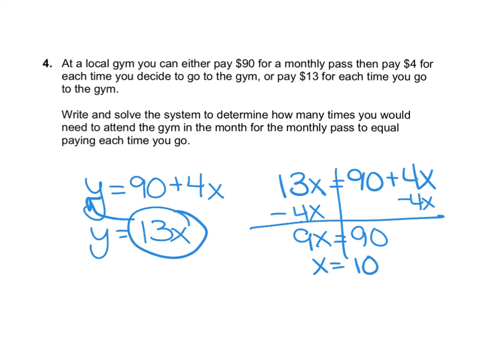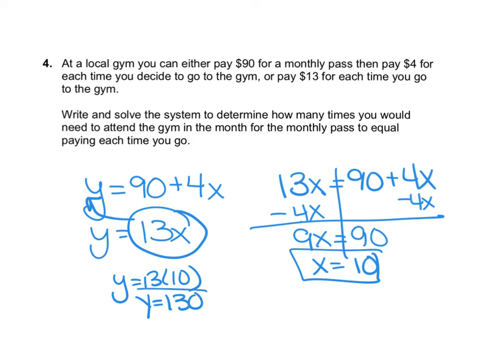All right, so when x is equal to 10, let's find out what y is. I'm just going to come back over here. Our x is equal to 10, so that's the number of times. I can plug that in, and my y is 13 times 10, which gives me y is equal to $130.